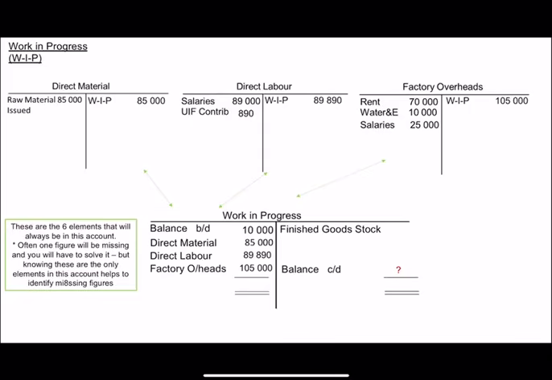So they're not in progress anymore. They're not being created. They're ready to be sold. They are finished. So therefore, we need to transfer those goods out. We don't know that figure, and therefore we need to go back to our finished goods stock ledger in order to work out this amount and work backwards in order to find our work in progress carried down at the end of the year.